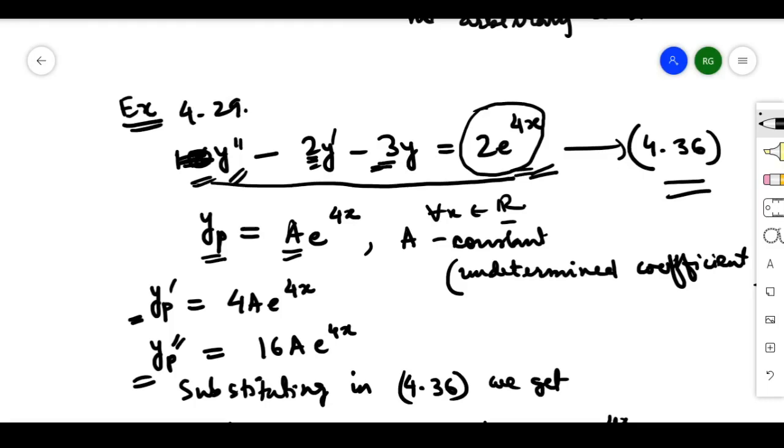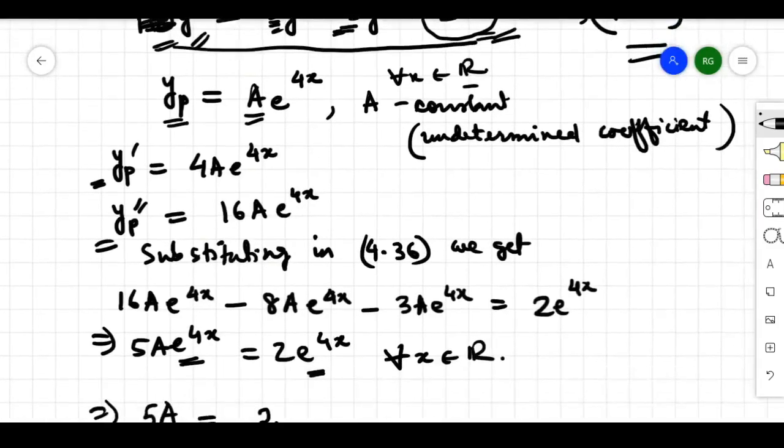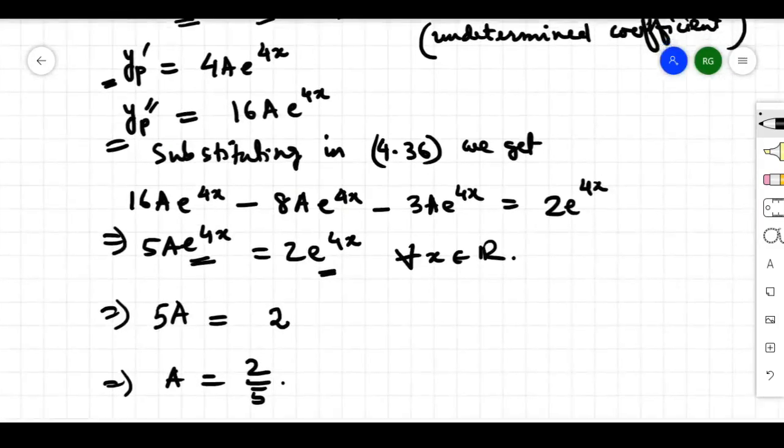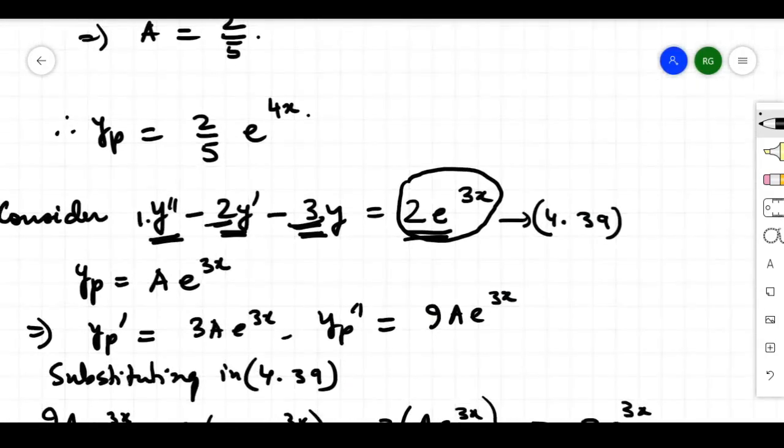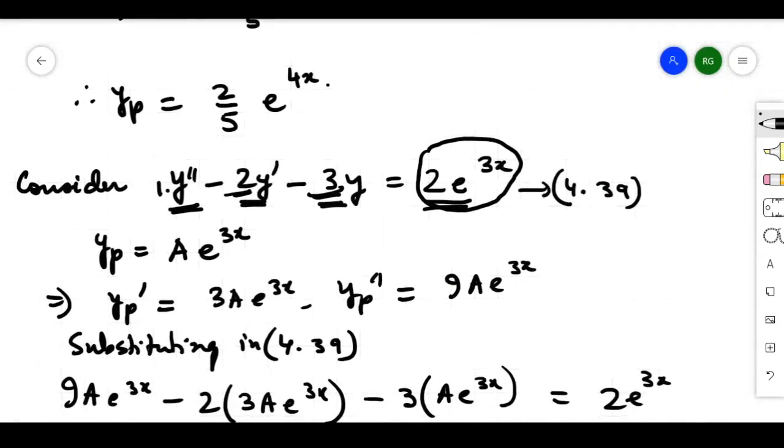So what is there on the left hand side of the equation? y double prime minus 2y prime minus 3y. Now let us see what is there on the left hand side of equation 4.39. It is again y double prime minus 2y prime minus 3y. So equations 4.36 and 4.39 are almost the same because their left hand sides are the same.